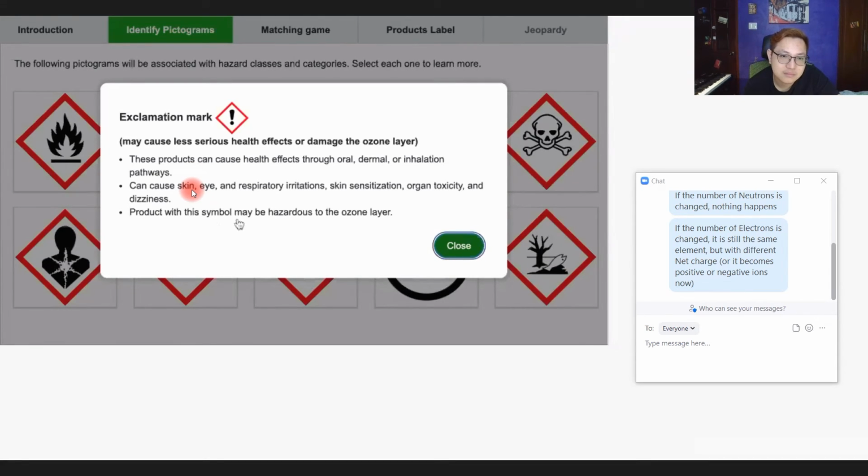A product with this symbol may be dangerous or hazardous to the ozone layer. For example, CFC gas, the one that you can find in sprayers.